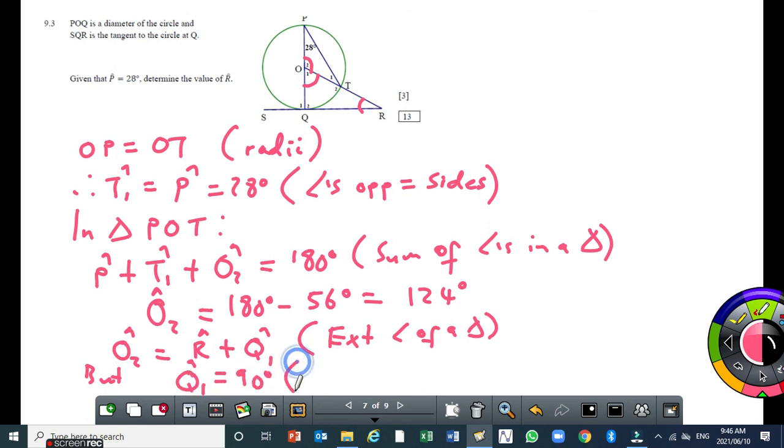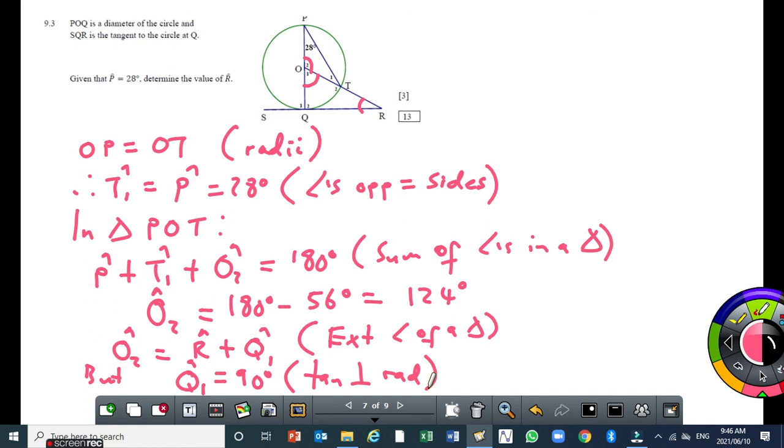The reason is tangent perpendicular to radius, or tangent perpendicular to diameter. You have to write why Q1 is 90.